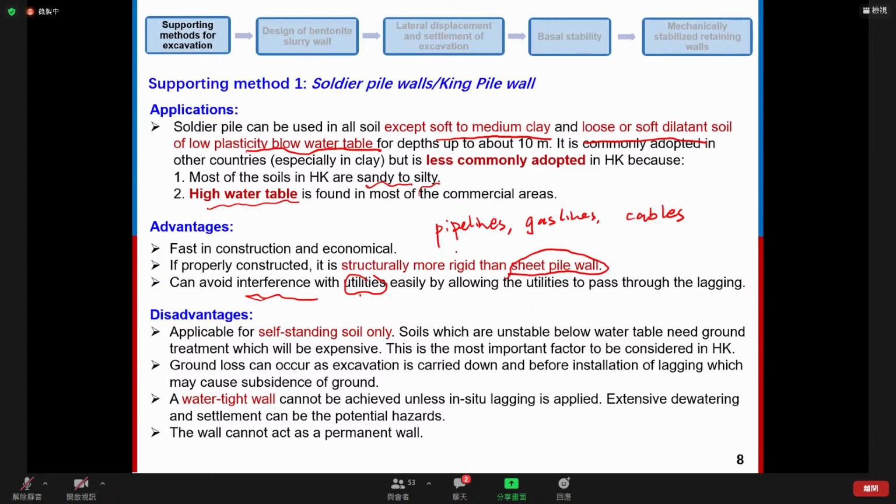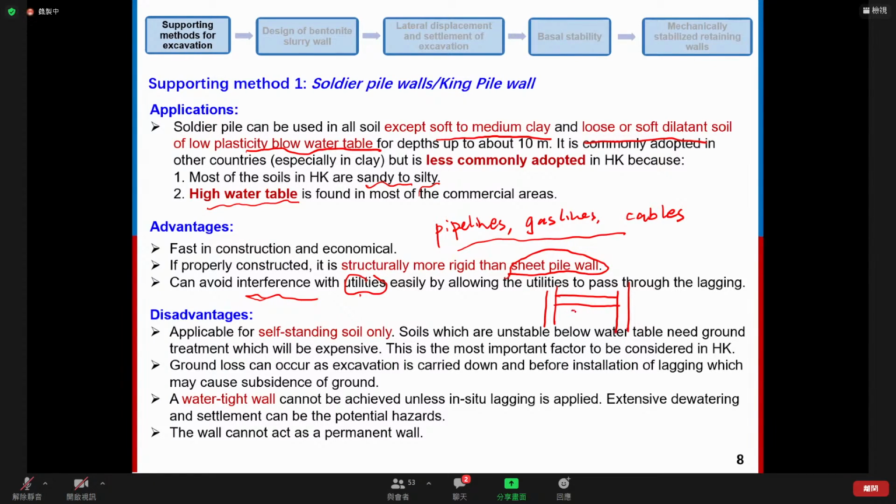So usually we bury these pipelines, gas lines or cables inside the soil. So if we need to do the excavation, sometimes we may have interference with those utilities. But as we discussed before, the installation method of the soldier pile is we install the soldier pile first, and then we install the legging.